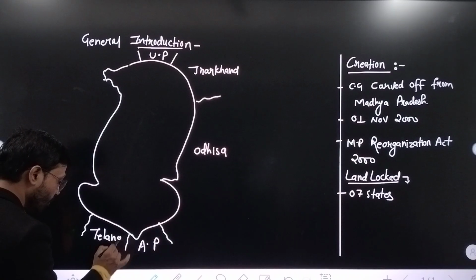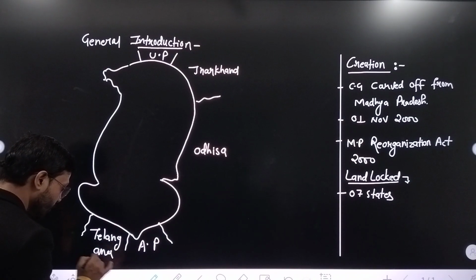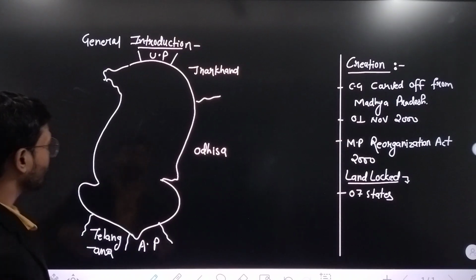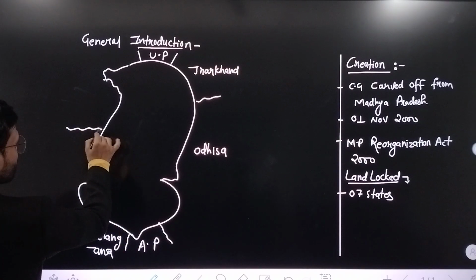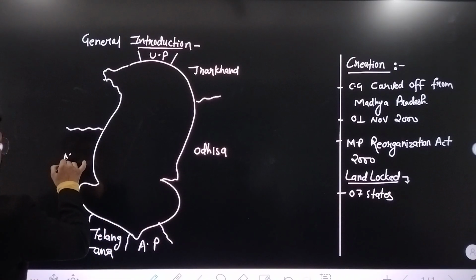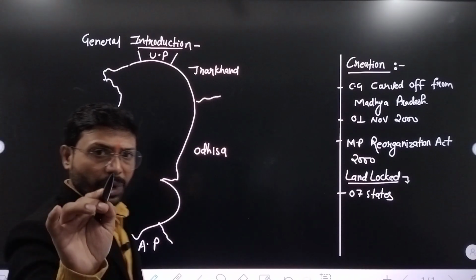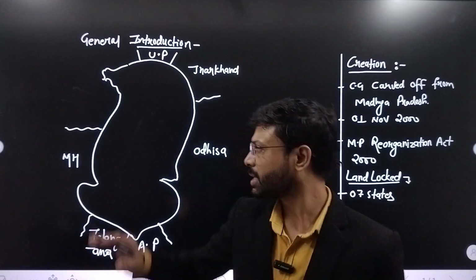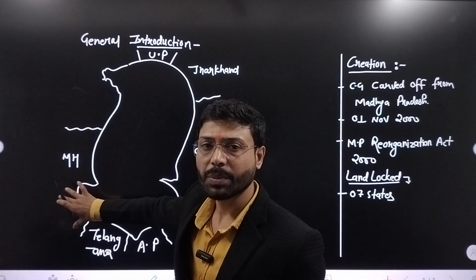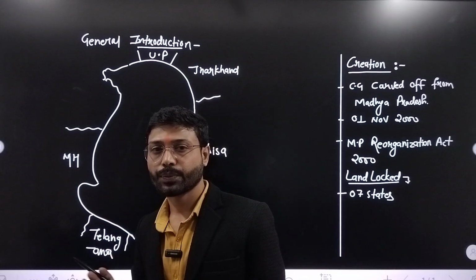Above it, the western part of our Chhattisgarh is Maharashtra. It means Maharashtra covers the western part of Chhattisgarh, and then some part of the southwest also.